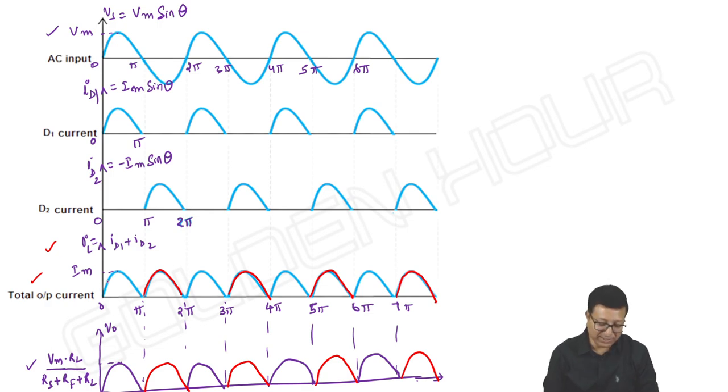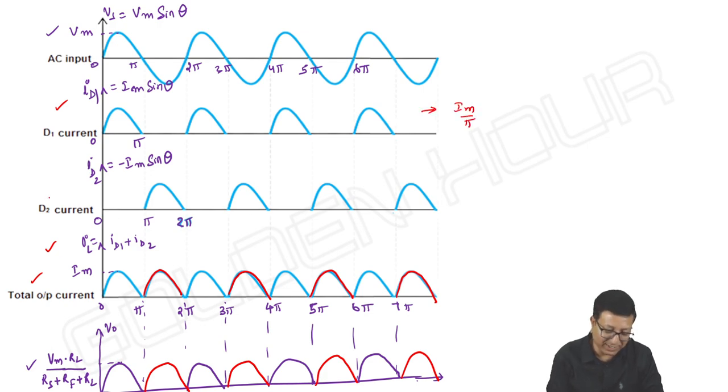Take the blue color one, which is like one half wave rectifier. As I said, the D1 RL combination acts as one half wave rectifier, and the D2 RL combination acts as another half wave rectifier. What is its average value? Its average value is Im by pi.